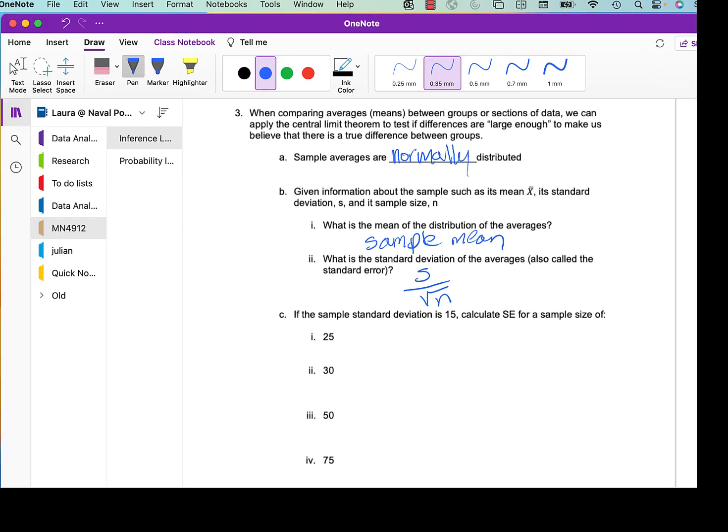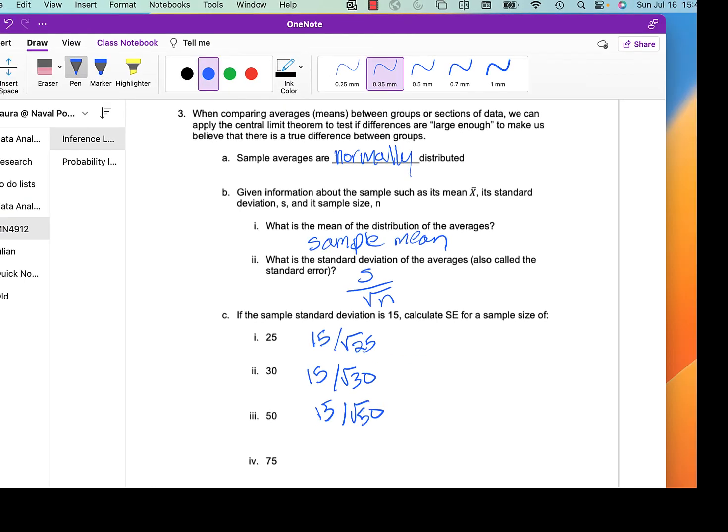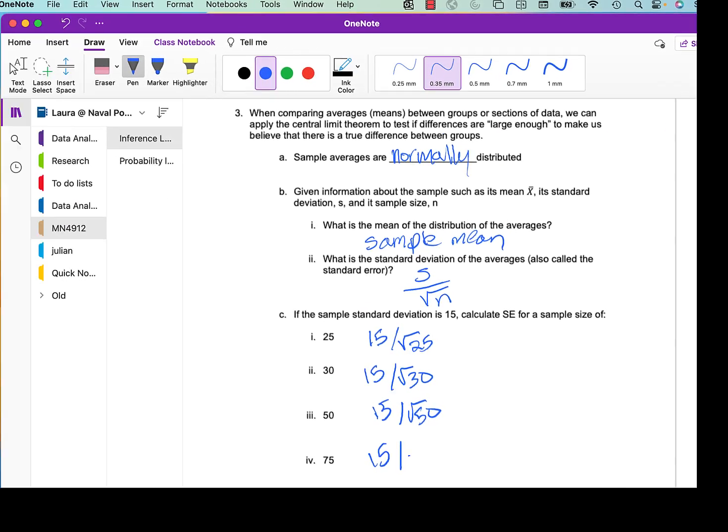So if we're going to do some calculations here, if the sample standard deviation is 15, the standard deviation for different sample sizes is going to be 15 divided by the square root of 25, 15 divided by the square root of 30, 15 divided by the square root of 50, and 15 divided by the square root of 75.